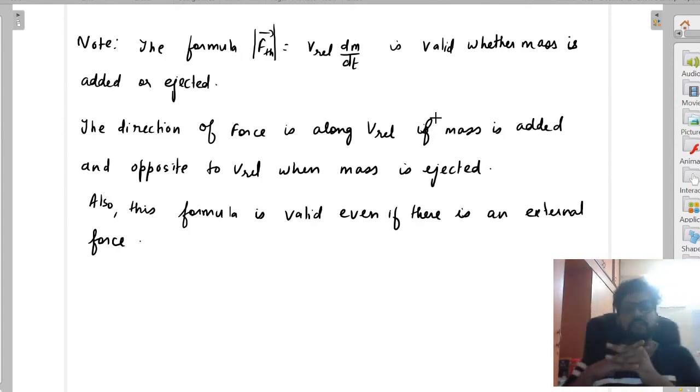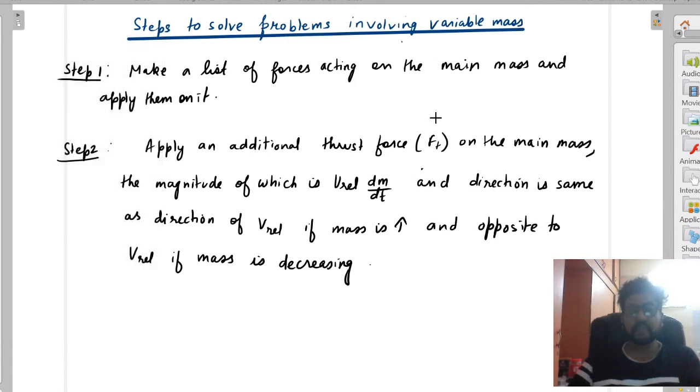Also this formula is valid even if there is an external force, although in this situation we derived the formula by using the no external force concept. Now what are the steps you must use to solve problems involving variable mass?